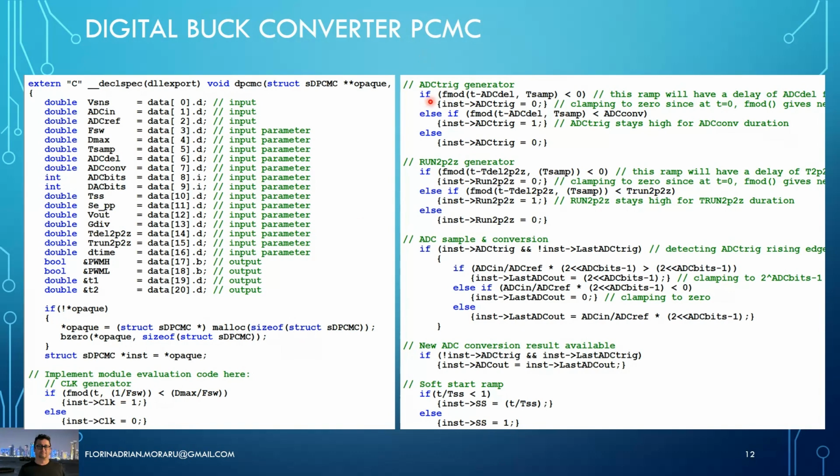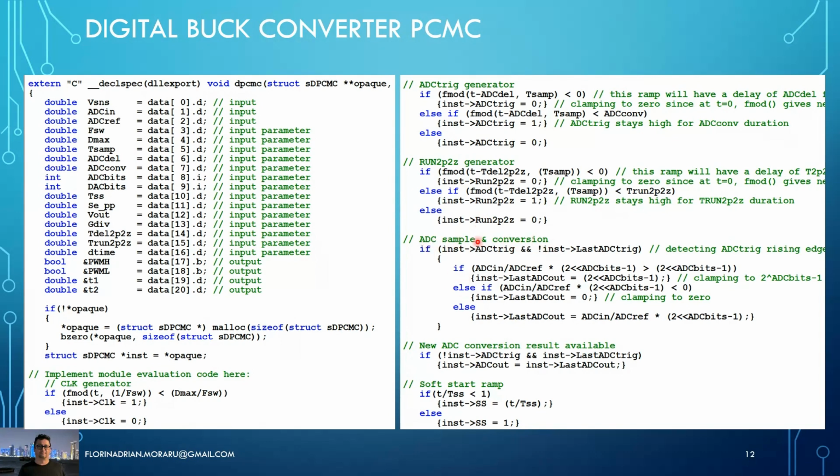Then we will have a signal, the ADC trig generator. On the positive edge or rising edge of this signal, we will trigger the ADC, and on the falling edge, the ADC conversion will be available. In a similar manner, we have this run 2P2Z generator for the execution of the linear difference equation.